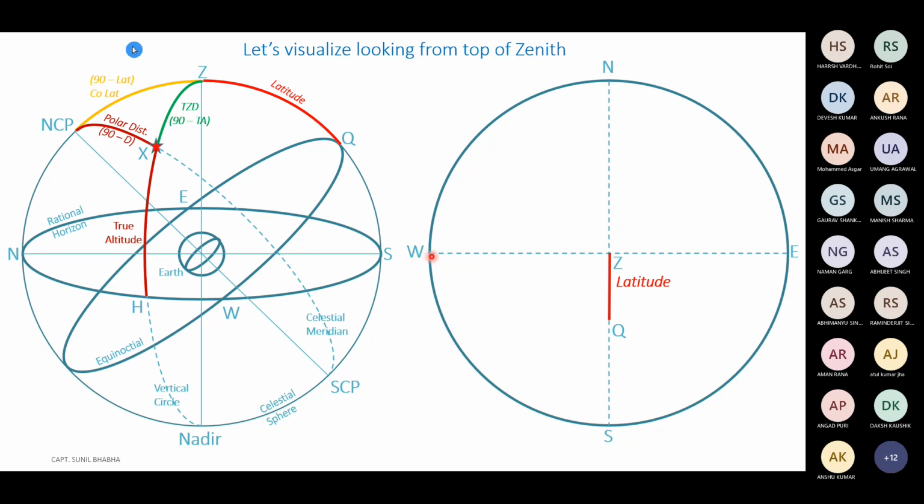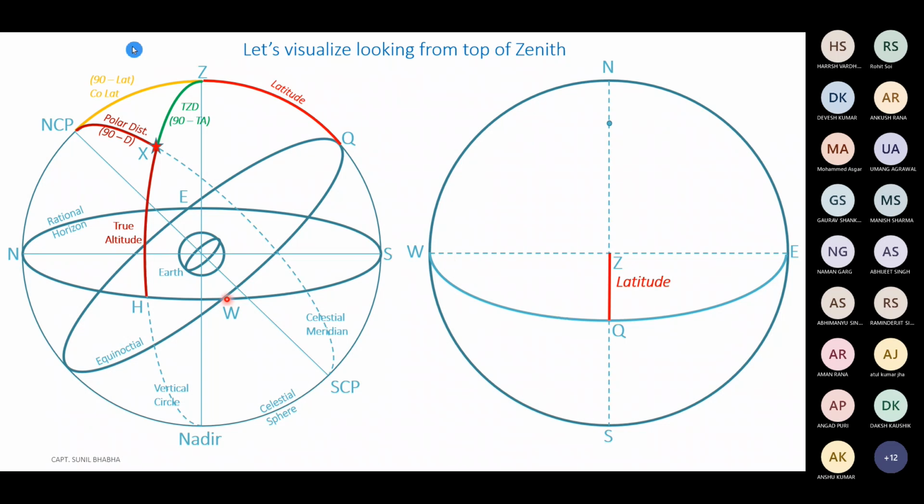You have the W point here, the Q point here, and the E point here. So joining W to Q to E will give us the equinoctial. So let us do that. So you see W joined with Q joined with E gives us the equinoctial. So this WQE represents the equinoctial in our rational horizon diagram.